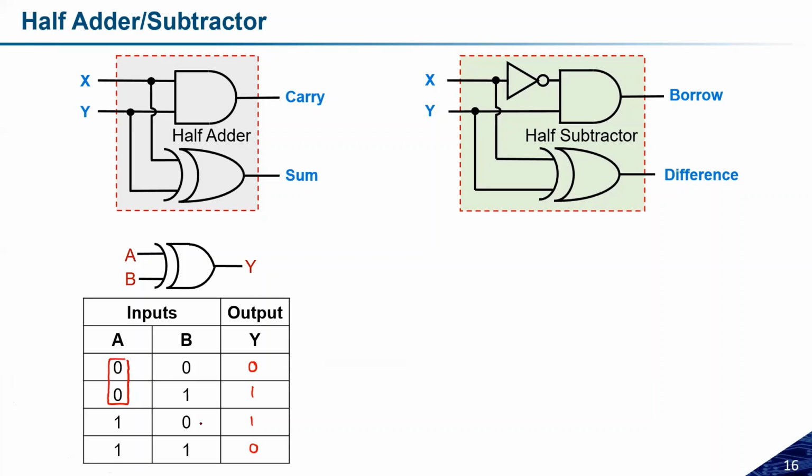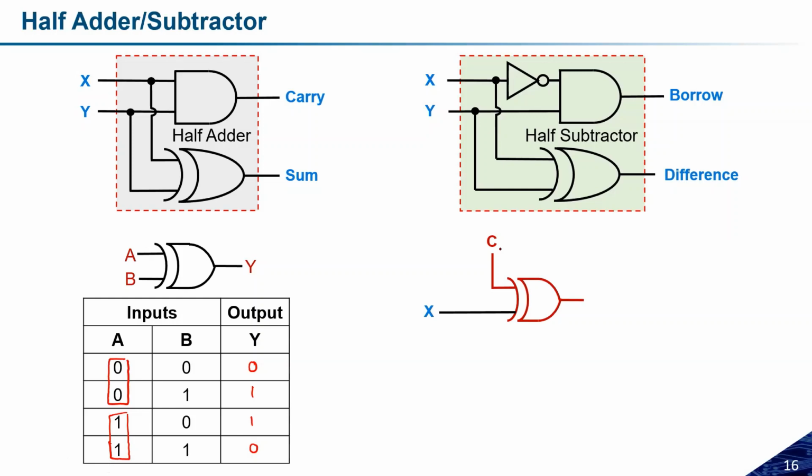If one of the inputs is connected to logic high, I get the complemented output. So I will utilize one XOR gate instead of this inverter, and I will have one control signal that will decide whether I use this circuit as a half adder or as a half subtractor.